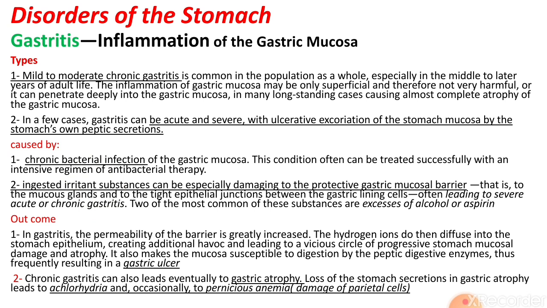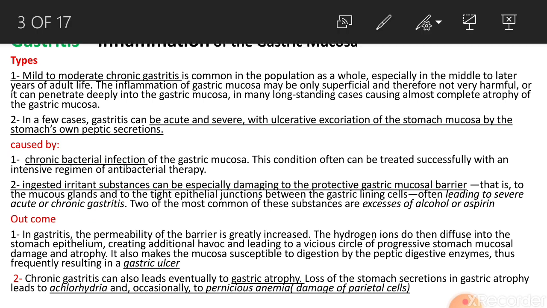Of gastritis, as you know, in the stomach we have what we call the gastric barrier, and by the gastric barrier we mean two important things.